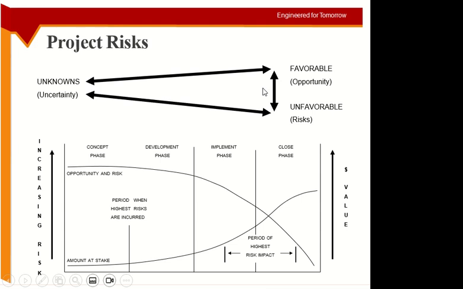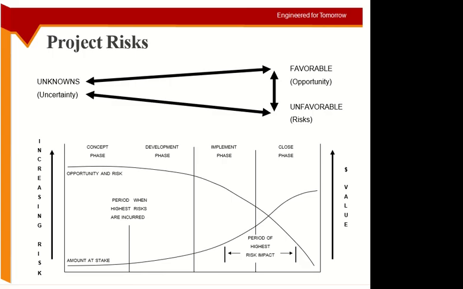So what it is showing is that if you have things which are unknown and uncertain, if they are favorable for you, you consider it as an opportunity, and if they are unfavorable for you, you consider it as a risk. So here they are giving a different name to positive risks. They are calling it an opportunity.